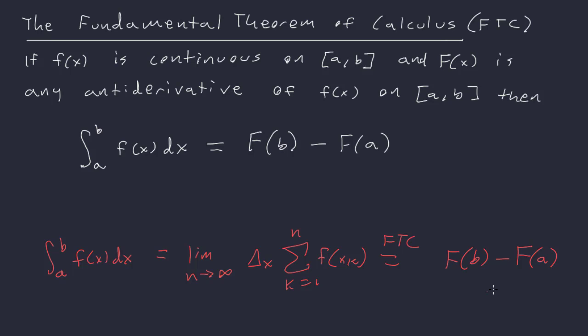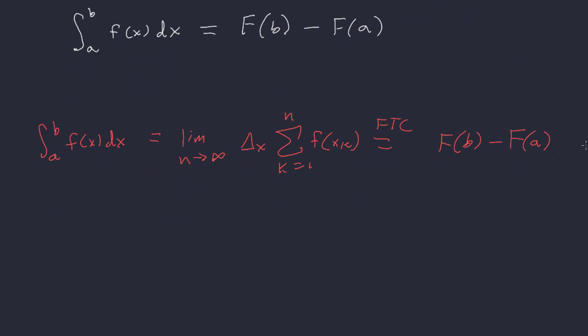And if you think about it in terms of displacement, if you remember when we were talking about physics stuff, the displacement over a time interval a to b is the definite integral from a to b of v of t dt, the definite integral of the velocity.